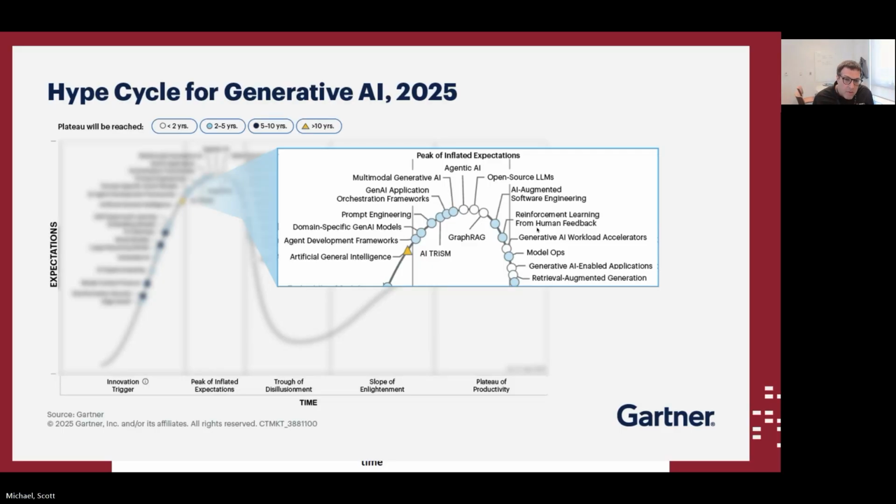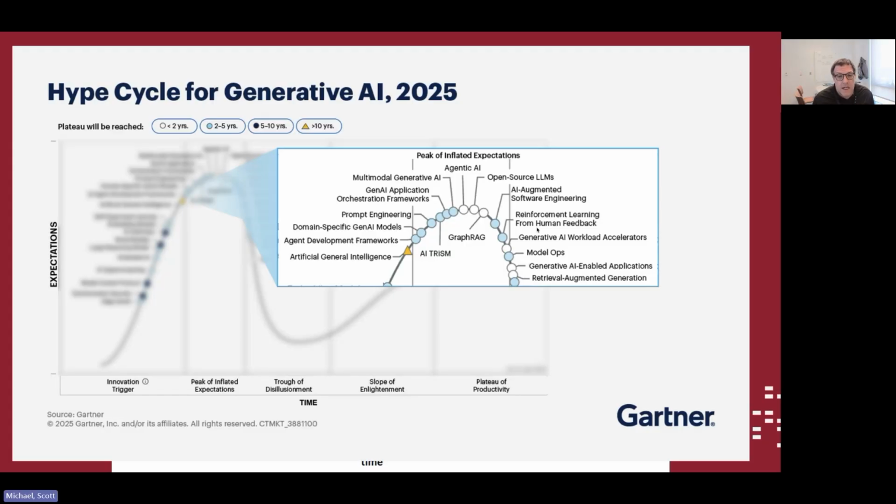The interesting thing here to me is that for many of these technologies, there is a less than 2 year time horizon to get into the plateau of productivity, and the rest of them are in a 2 to 5 year time horizon, except for AGI, which is more than 10 years.